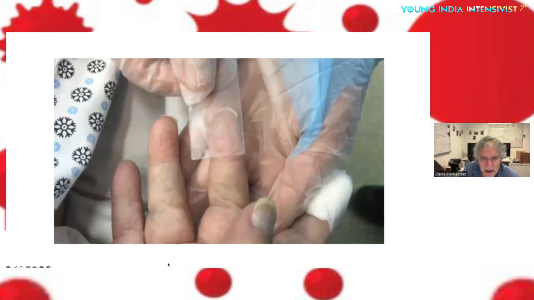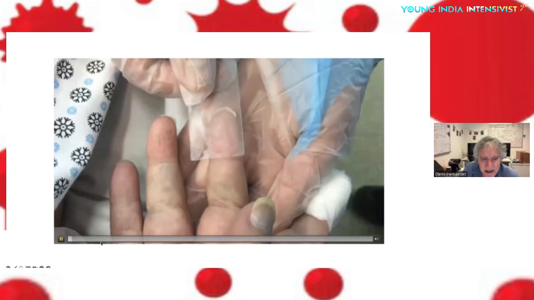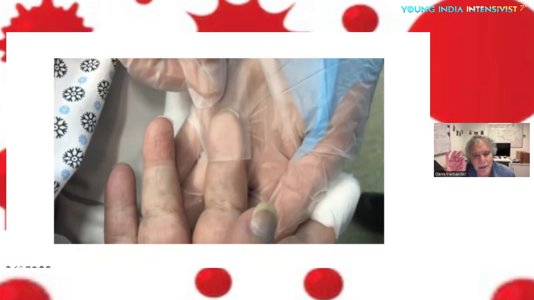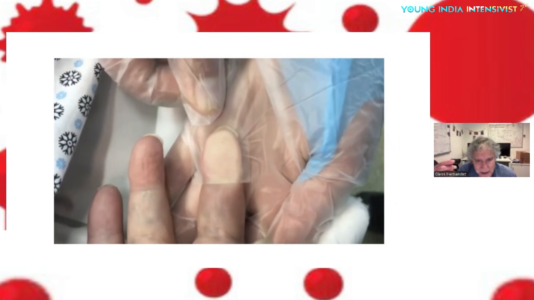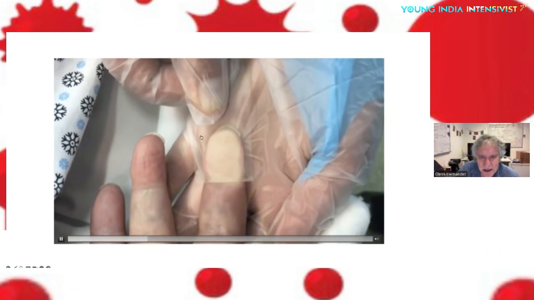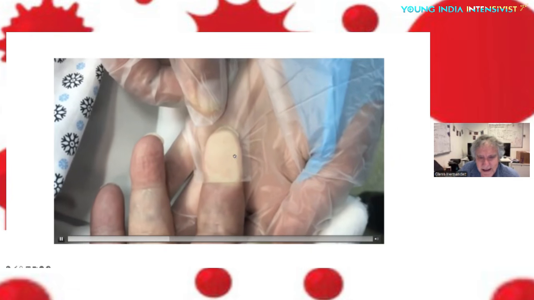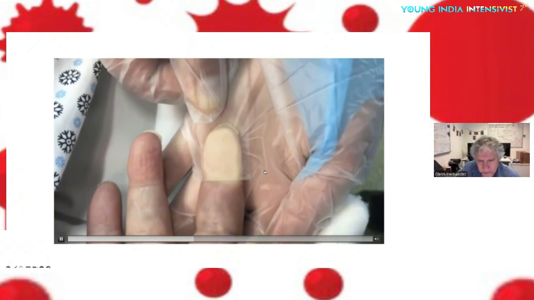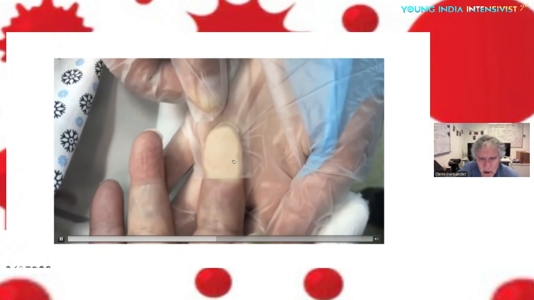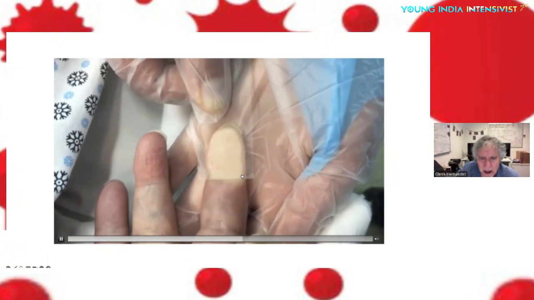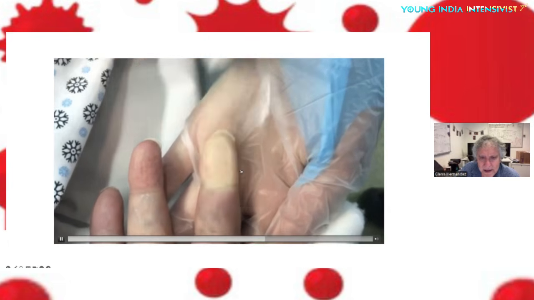To assess capillary refill time, it's very important that you use a standardized technique to improve inter-rater reliability. For example, we use this microscope glass slide. We compress the oval of the index finger here, until it completely blanches.